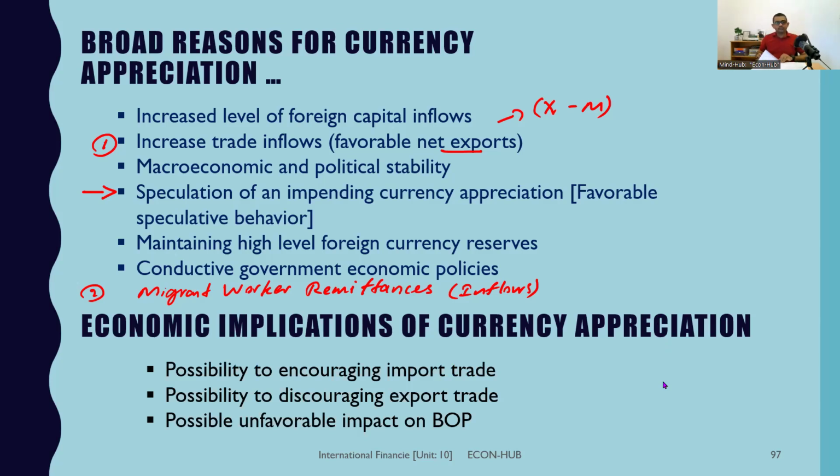So, okay, please quickly go through. Is this printed and given? Yeah, right. So we'll run through: possibility to encourage import trade. Yes, because the domestic currency cost of importing reduces.